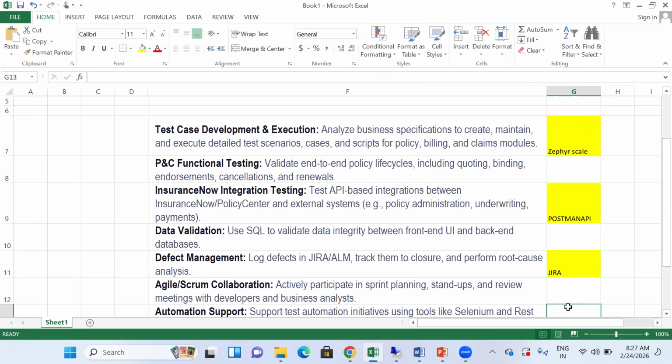From project to project, the automation testing tools have some slight variation. All these put together are called the GT framework, the Guidewire testing framework. This is from my Guidewire testing point of view, from the functional testing point of view: being a tester, these are the key responsibilities we must be good with.